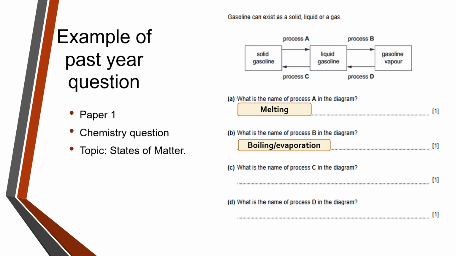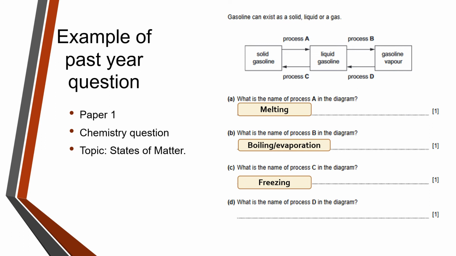You can mistake this as process C. So look carefully where process C is pointing towards, and label the name of the process. Liquid gasoline going into solid gasoline. All right, so this one is known as freezing.